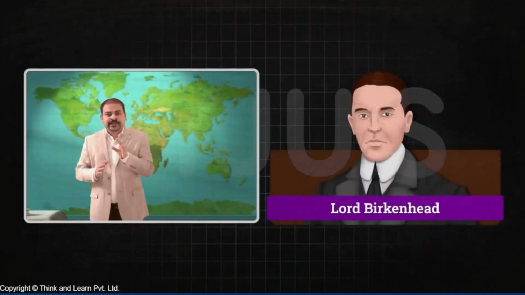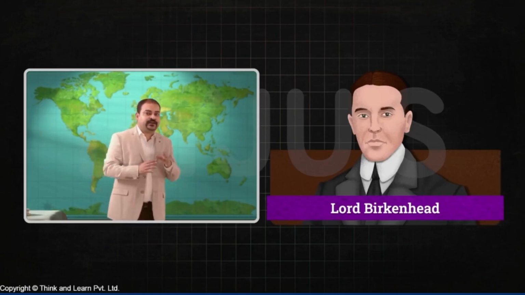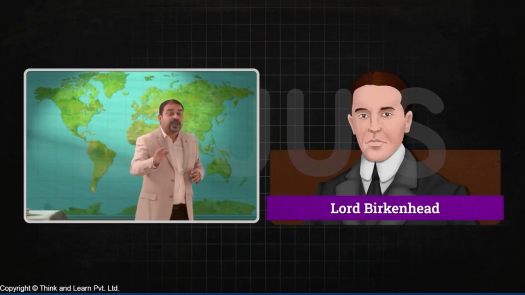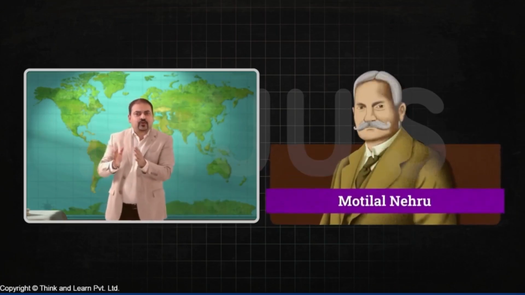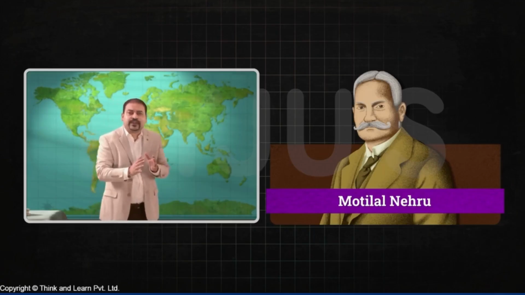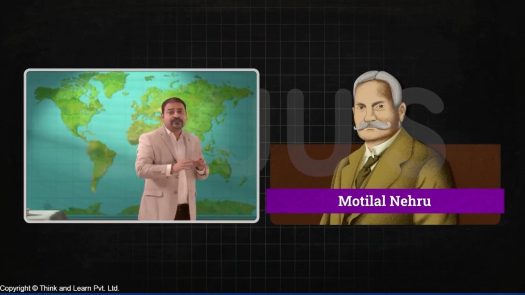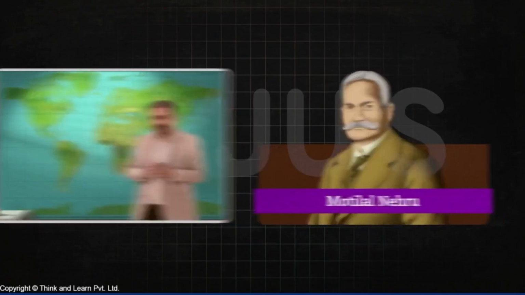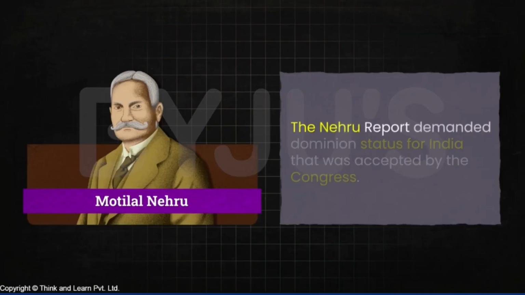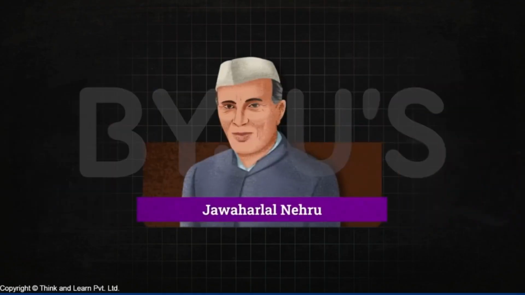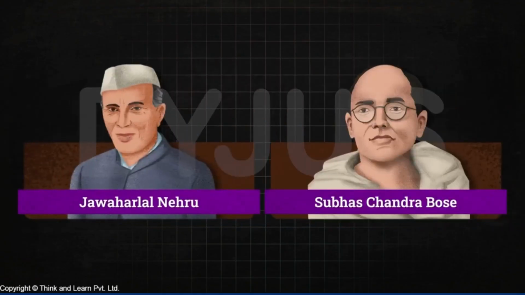In the same year, Indians were challenged by Lord Birkenhead to draft a constitution that was accepted by everyone. The nationalists called for an all-party conference and appointed Motilal Nehru as the chairperson of the drafting committee. The report, popularly known as the Nehru Report, had demands like dominion status for India that was accepted by Congress but disapproved by the younger members such as Jawaharlal Nehru and Subhash Chandra Bose.